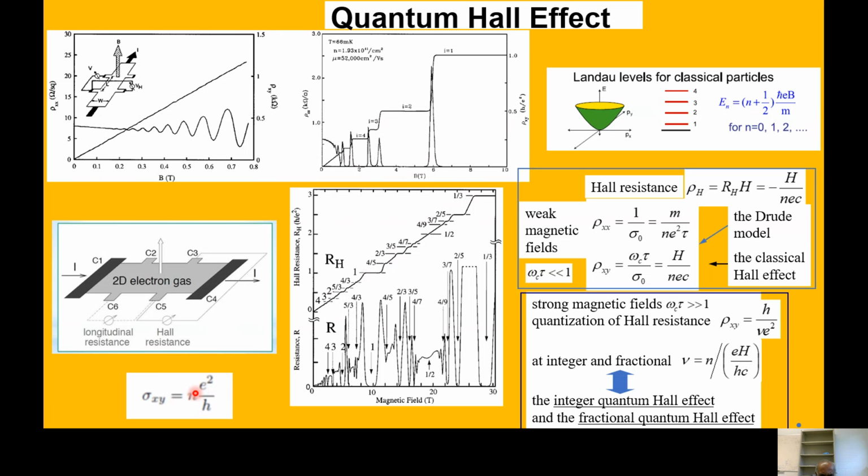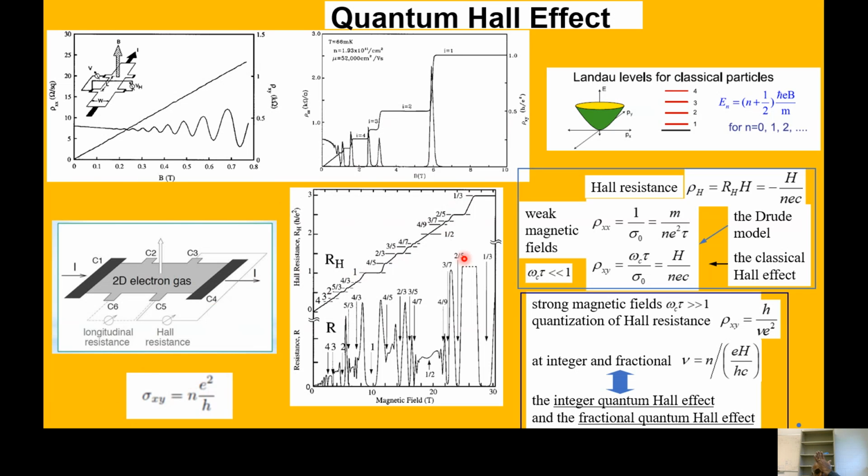We call these gallium arsenide, aluminum gallium arsenide quantum well structures. It's mostly multilayers of gallium arsenide and aluminum gallium arsenide. At the interface, you have this two-dimensional electron gas. That's where we are seeing this quantum Hall effect.